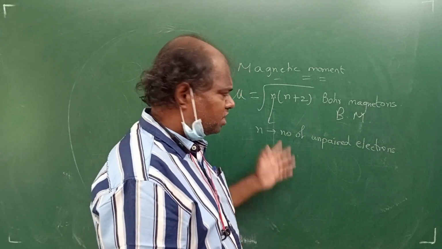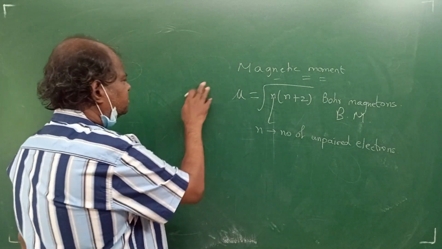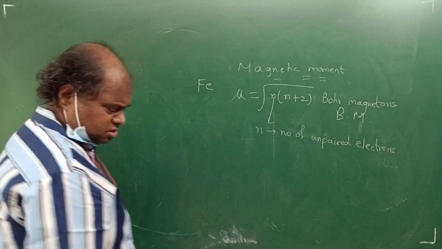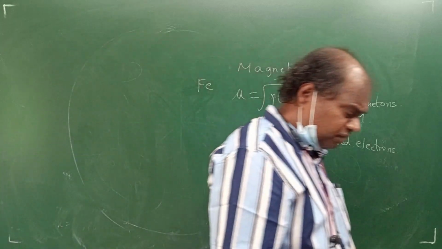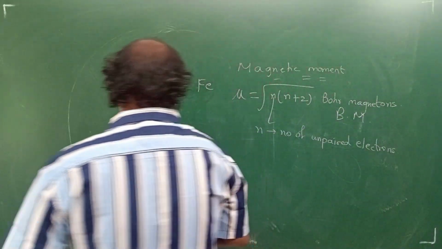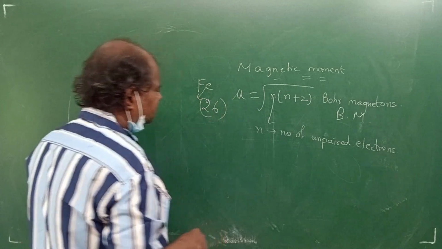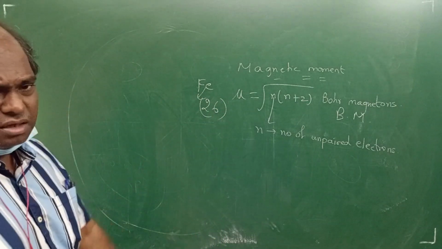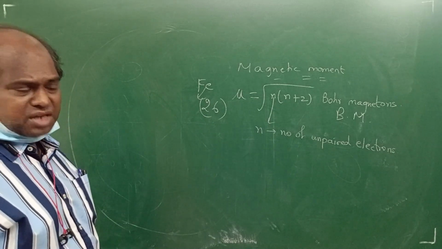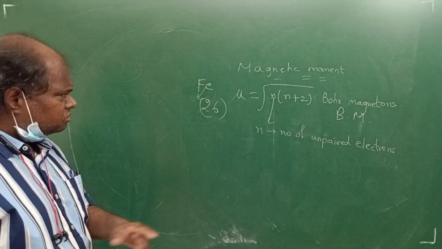Okay. Now let us do some questions on this. Let's take a very good example. Let's take iron. You all know that it's a good magnet, a good Gandham. So what is the atomic number of iron? 26. Fine, 26. Students, you're expected to write the configuration also. Scandium, titanium, vanadium, chromium, manganese, iron.